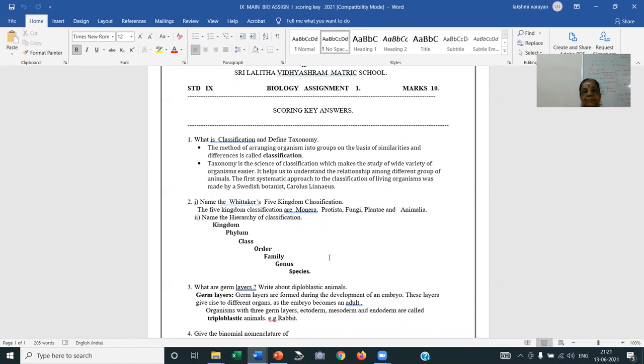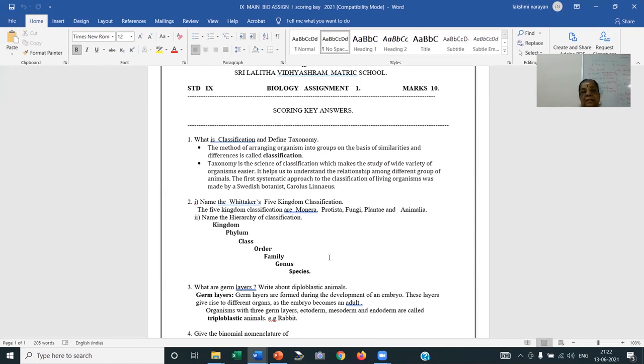I hope you understand. Then the second question: name Whittaker's 5 kingdom classification. They are kingdom Monera, Protista, Fungi, Plantae, and Animalia.